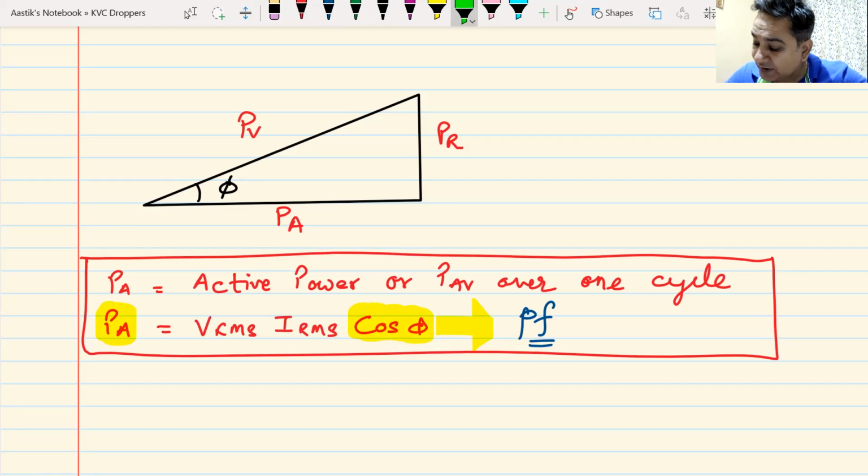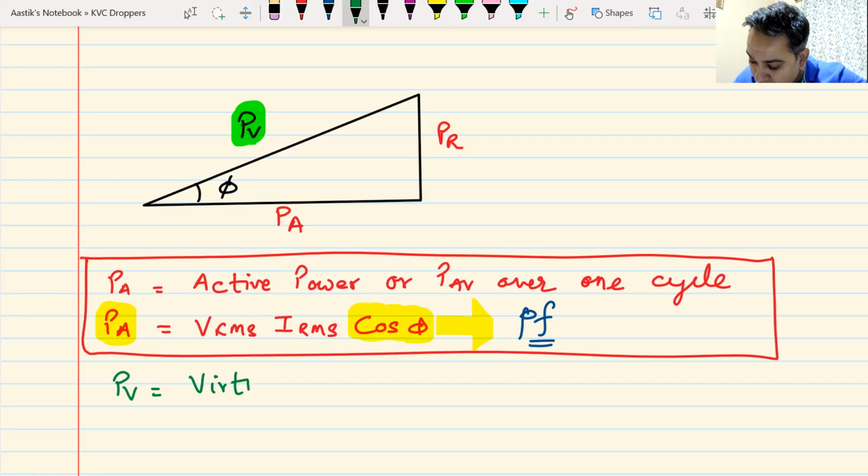Now, this green one is known as your virtual power, PV. This is the total power that the circuit takes, but it does not use all of it.